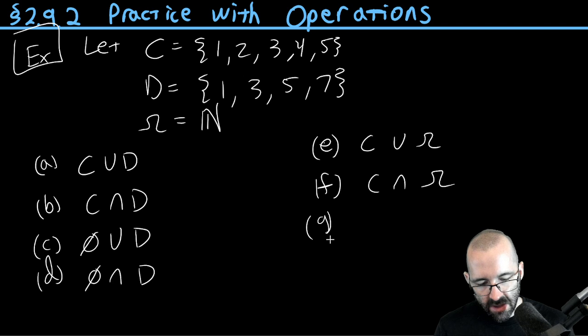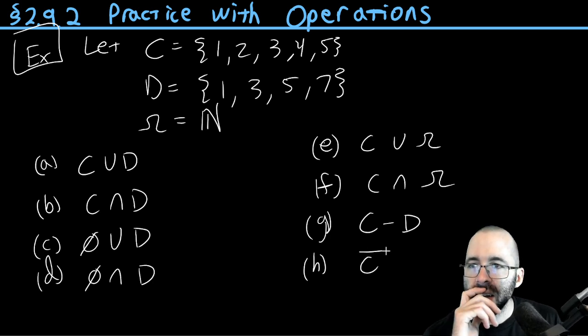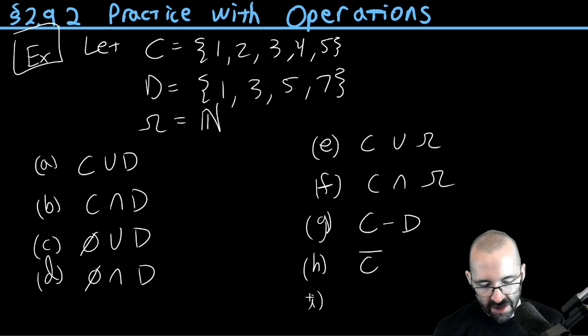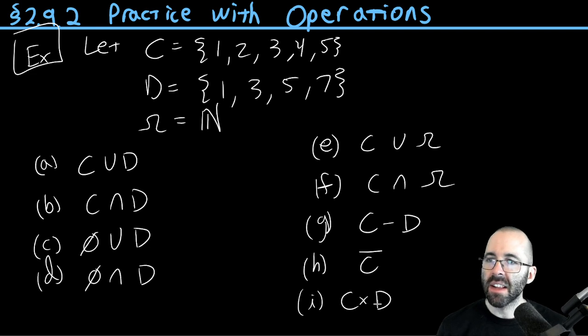What is C minus D? What is C complement? And lastly, this will not fit easily. What is C cross D? I think that's the main things I wanted to ask here. So yeah, go ahead and pause the video and see if you can fill all these out.